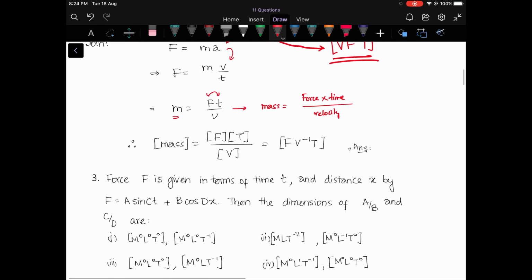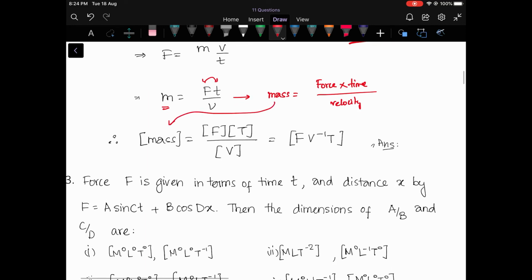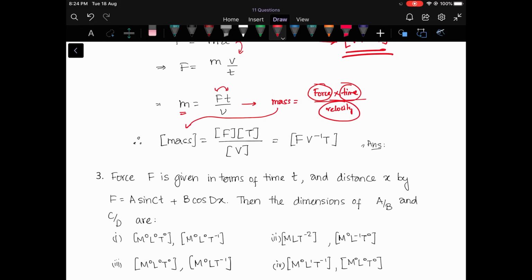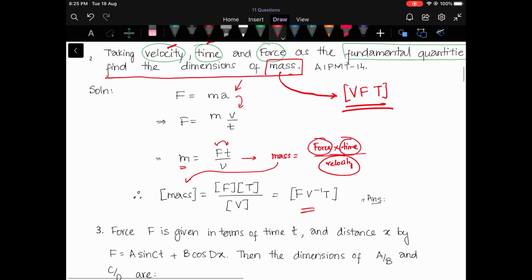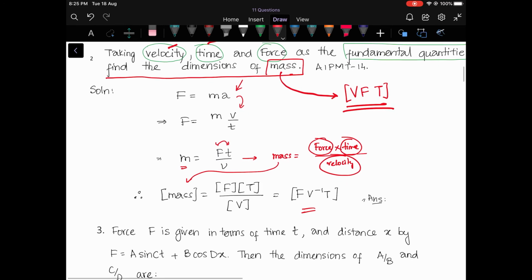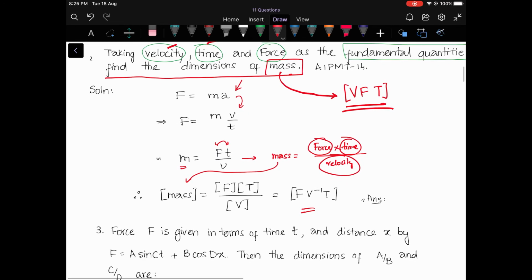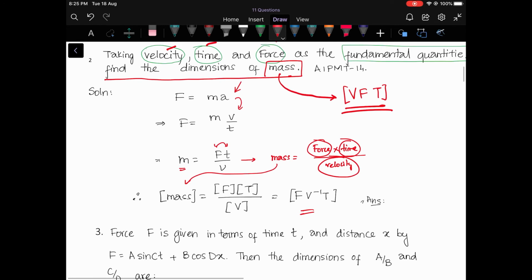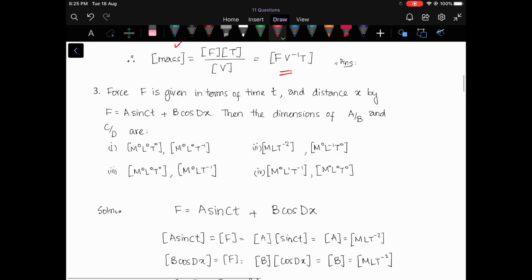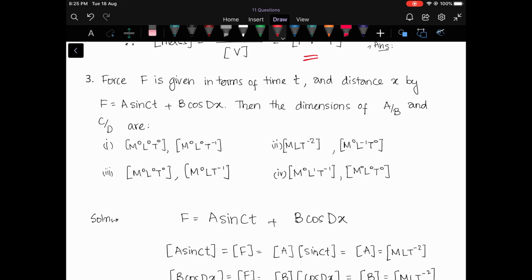So clearly, if I am going to write the dimension of mass now, the dimension of mass must be equal to the dimension of force into the dimension of time divided by the dimension of velocity. So we get this as the answer. Now don't worry, every time we do not have to take different fundamental quantities. For this particular problem we have taken V, F and T, but for the rest of it we will take M, L and T.